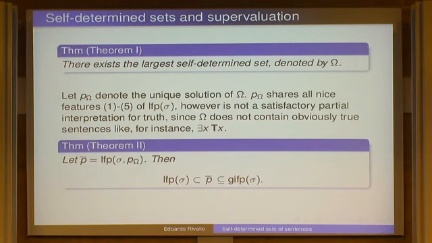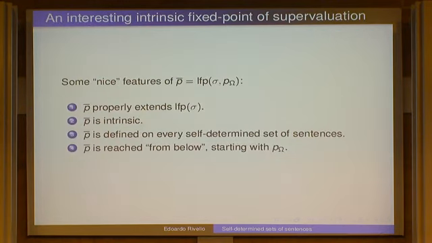This makes P bar a possible interesting candidate for a partial interpretation of the truth predicate, since in particular P bar is itself an intrinsic fixed point, and also, of course, its domain extends omega, so P bar is defined on every self-determined set of sentences, so it captures every example like Gupta's.